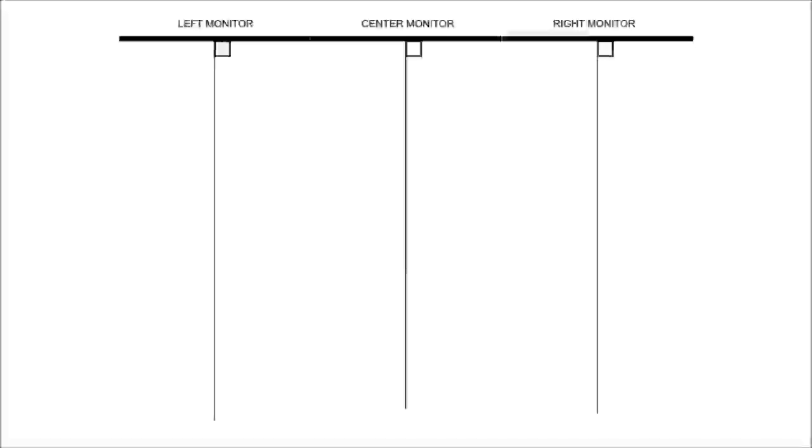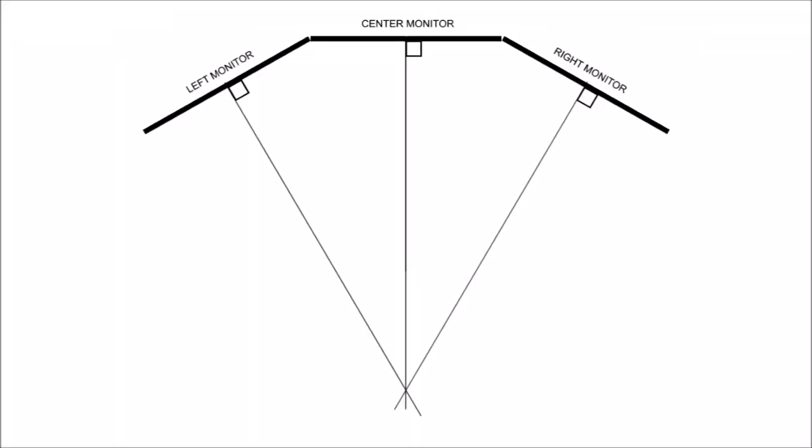Now let's create a multi-monitor setup where we rotate the left and right, or the outer monitors, inward at an angle equal to the field of view. Note that the perpendicular lines all intersect at a single point, which coincidentally is equal to the distance to the ideal field of view eye point.